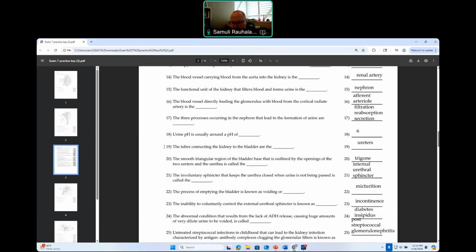Then thinking back to our very first diagram of this session, we recall that it was the ureters that carried urine from the kidney to the urinary bladder. We see that as question 19. Then, if you recall, the ureters joined the urinary bladder at the very bottom. So we had these two tubes opening there.